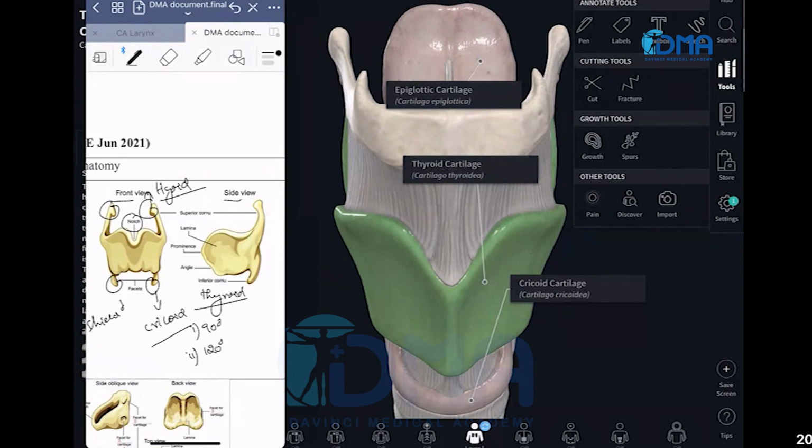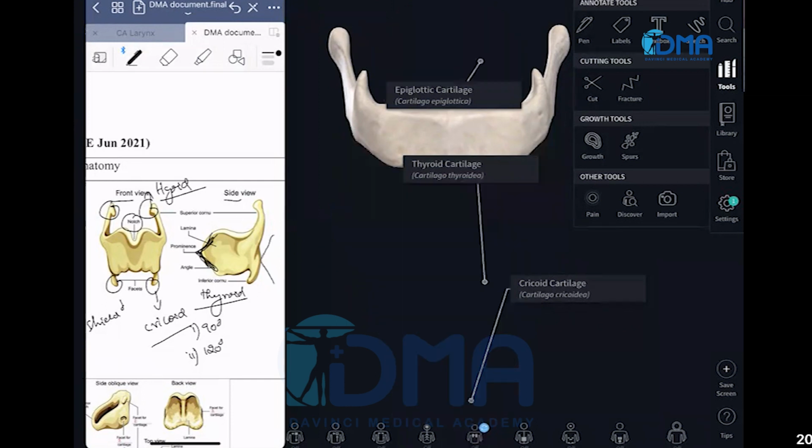For having a prominent angle, the angulation should be as outlying as possible. This 90-degree will be prominent outside, whereas 120-degree will not be prominent. So females are having 120-degree thyroid angle. Males are having 90-degree thyroid angle.